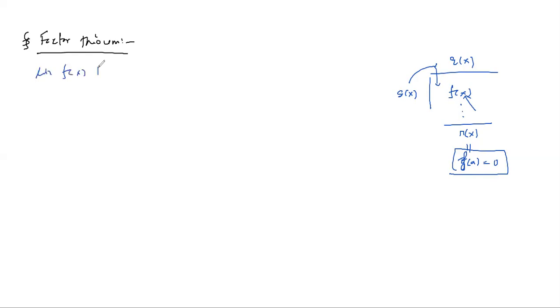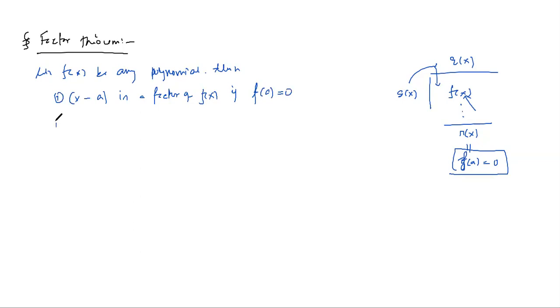Let fx be any polynomial, right? Then number 1, x minus a is a factor of fx if f of a equal to 0, and conversely f of a equal to 0 if x minus a is a factor of fx.